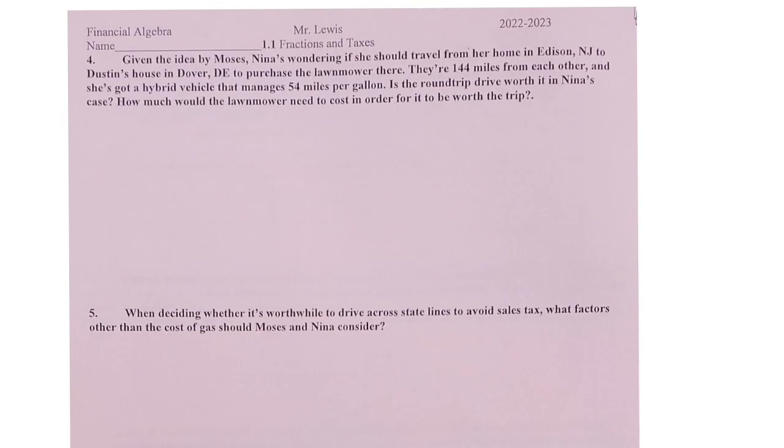All right, number 4, exactly the same concept. So we'll do 144 divided by 54. So I'm going to do 144 over 54. That's going to give me 2.66 gallons. I'm going to multiply that by 3.30.